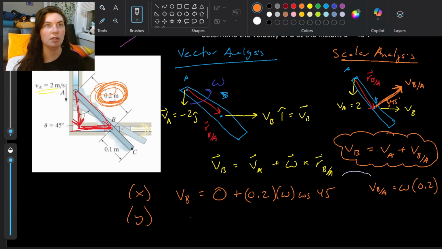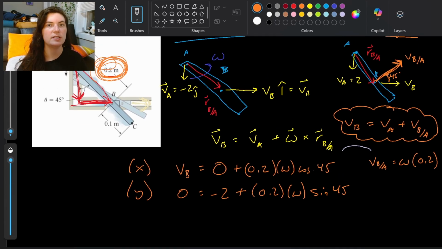So now we'll go and do all of our y components. VB has no y components, that's 0. And then we'll have VA. Does VA have any? Yes, it has 2 in the negative y direction, so that's a -2. And then VB with respect to A is again in the positive y direction, has a magnitude of 0.2 times omega, and then the y component portion is sine 45.